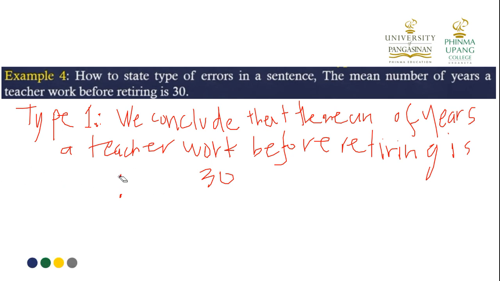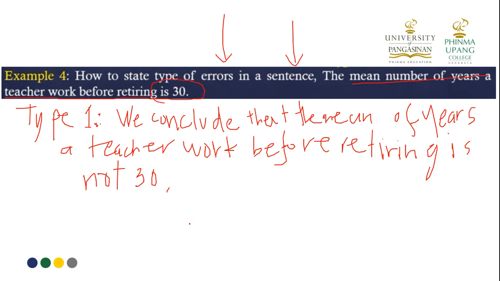Release natin yan. Ito yung type 1 ha. So, gagawin natin siyang type 1. So, ito yung ating base. We conclude that the mean of years a teacher worked before retiring is, so since we are rejecting the truth, we're going to add not. Is not 30. Nagigets nyo ba? Kasi type 1, you are rejecting the truth. Nire-reject mo yung katotohanan. And this is our base: the mean number of years teacher work before retiring is 30.